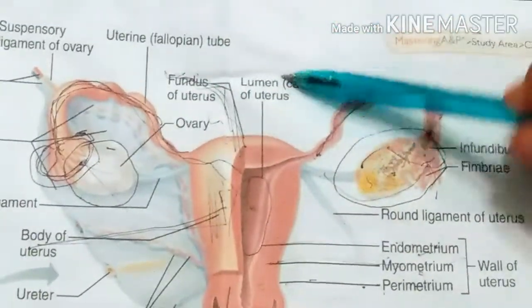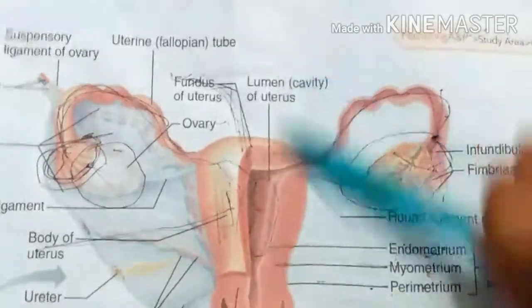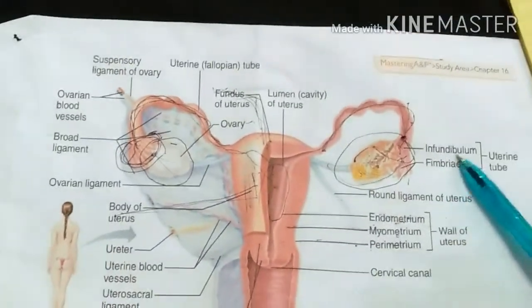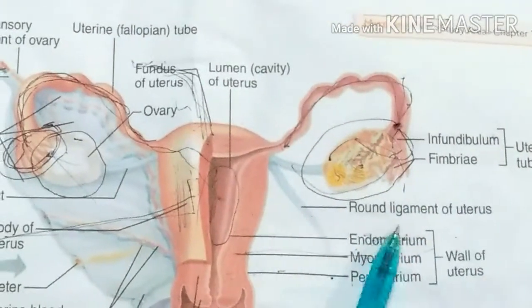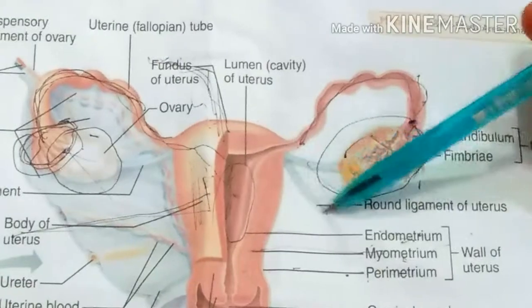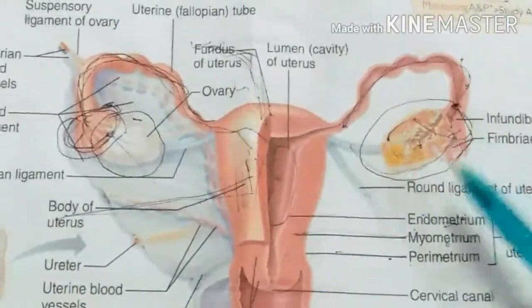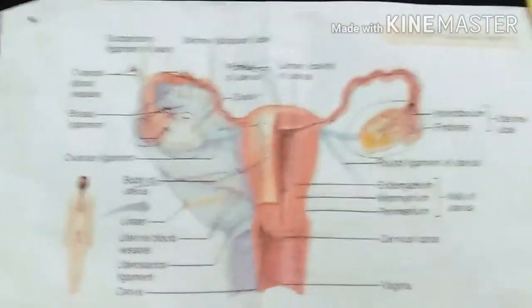This is the lumen of the uterus or the cavity. So this is the infundibulum, uterine tube, and the fimbriae. The round ligament of the uterus. Those are the internal parts of the woman's organ. The external parts of the woman's organ are the mons pubis, the clitoris, the urethral orifice, and the vaginal orifice.